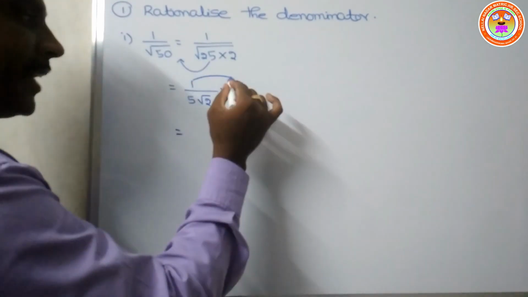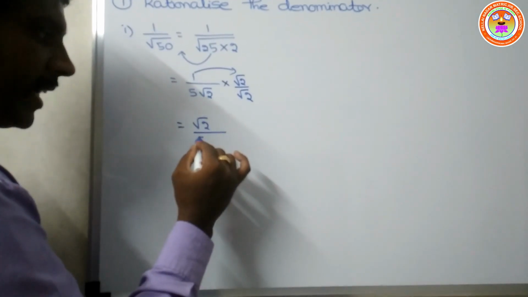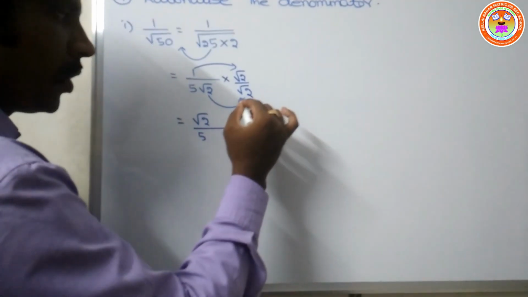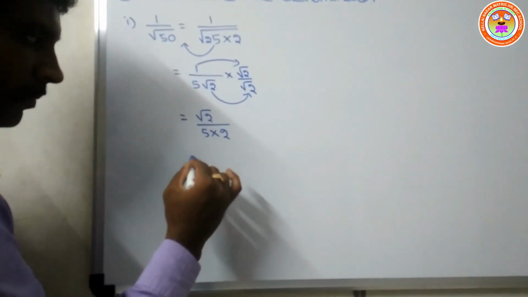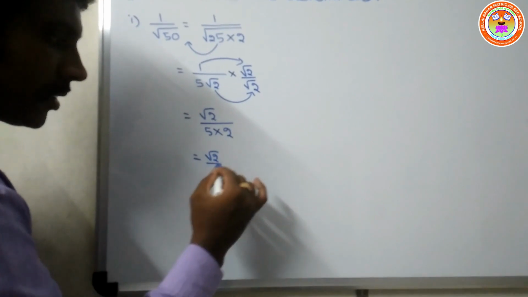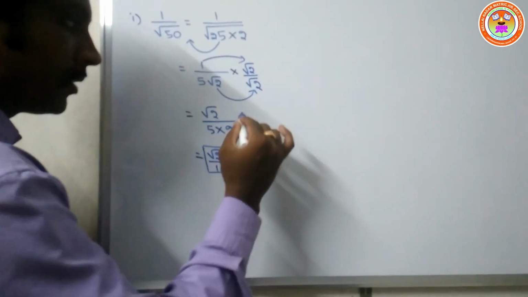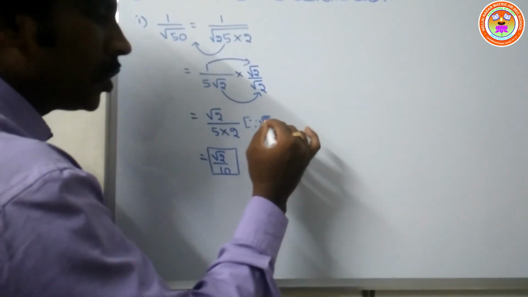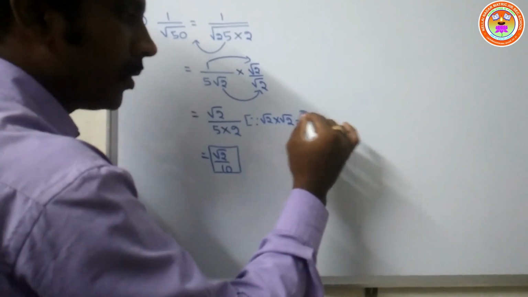Now, 1 into root 2, root 2. 5 root 2 into root 2, 2. 5 twos are 10, since root 2 into root 2 equals 2.